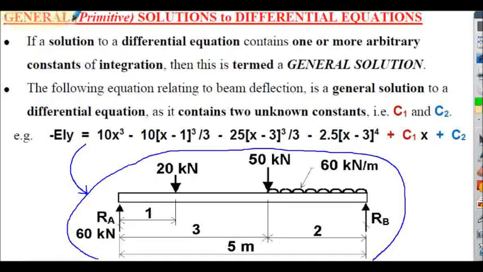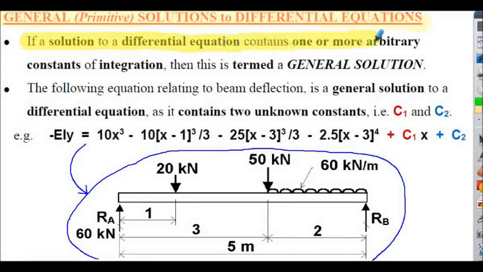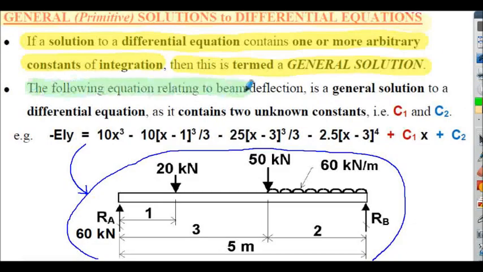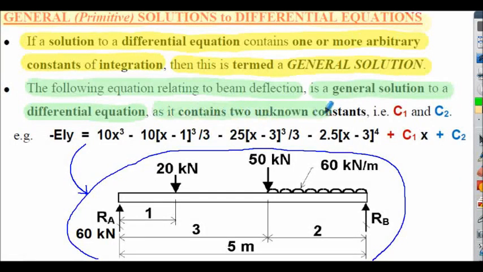Let's consider general, sometimes referred to as primitive, solutions to differential equations. If a solution to a differential equation contains one or more arbitrary constants of integration, then this is termed a general solution. The following equation related to beam deflection is a general solution to a differential equation, as it contains two unknown constants, labelled as C1 and C2.